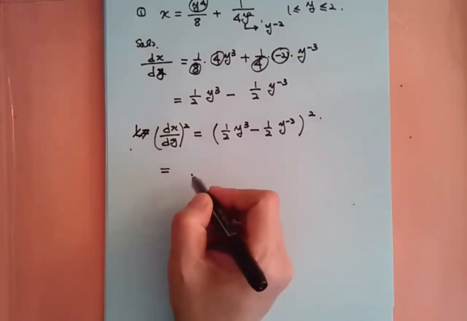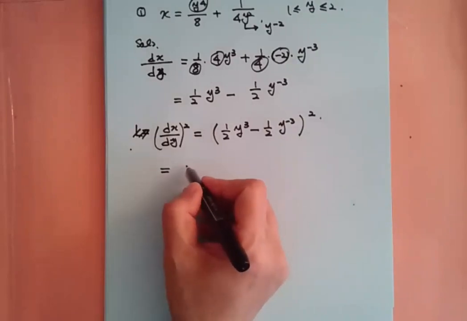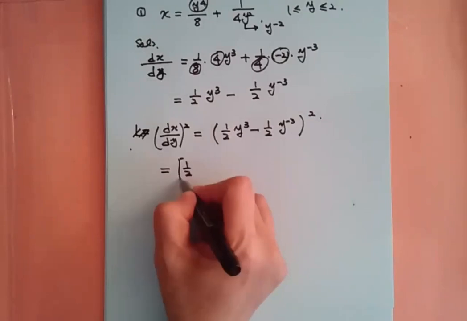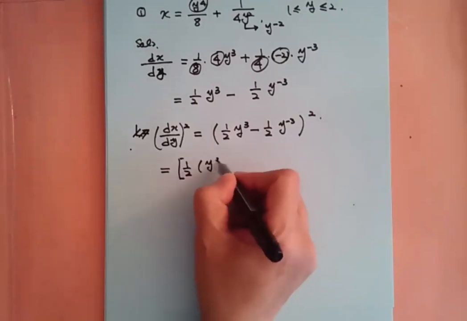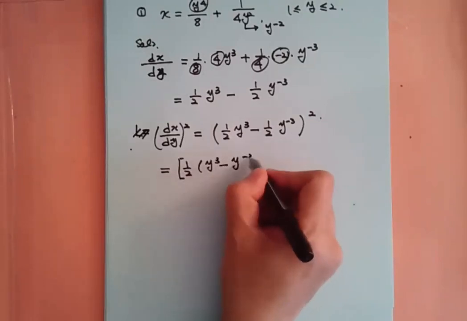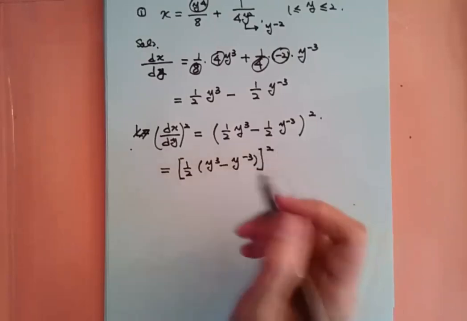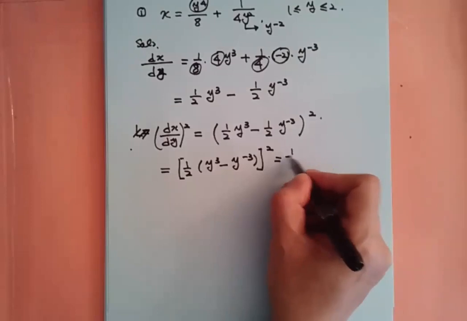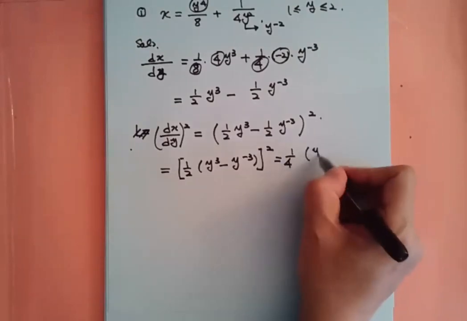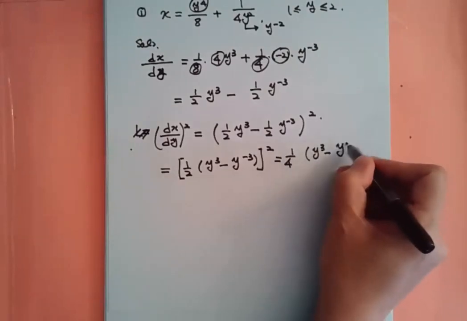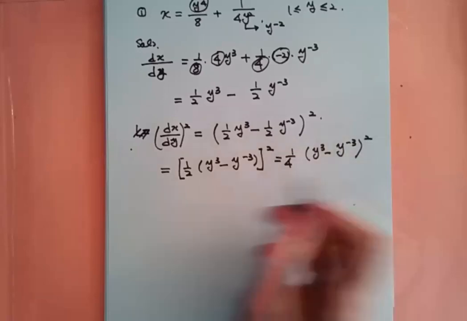So we have 1/2 as a common factor: y cubed minus y to the minus 3 power, squared. So we do 1/4 times y cubed minus y to the minus 3 power, squared.